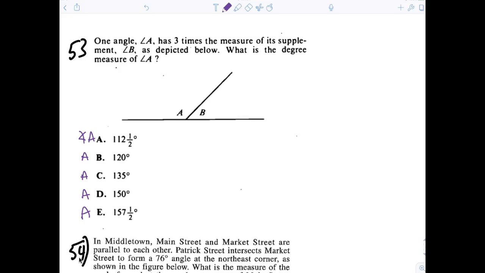So the first one that comes to mind is B. If A is 120 degrees, that's 3 times the measure of its supplement. What is the supplement of that? 60. Is that the right answer? Is everybody with me? Oftentimes I think it's just easier to just look at the numbers.